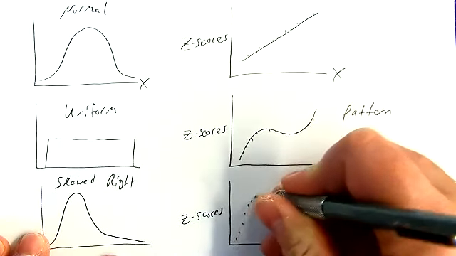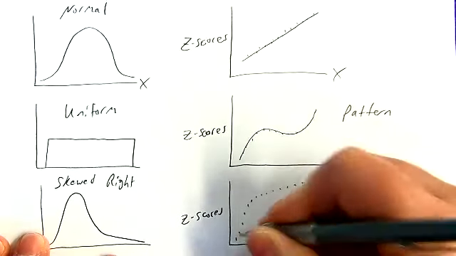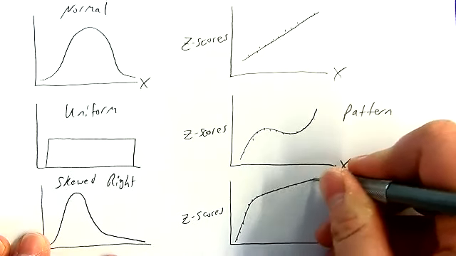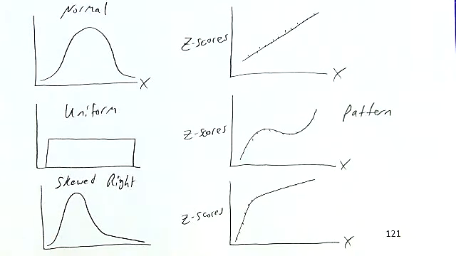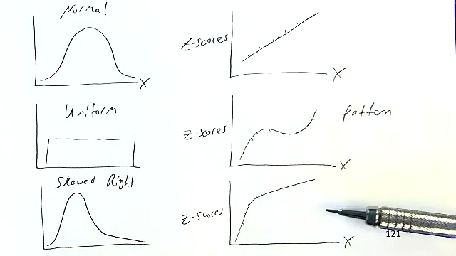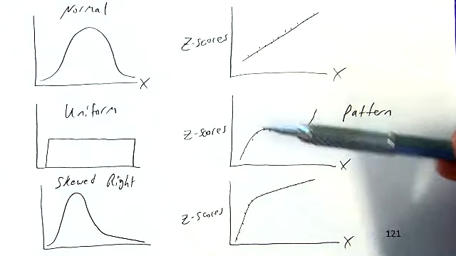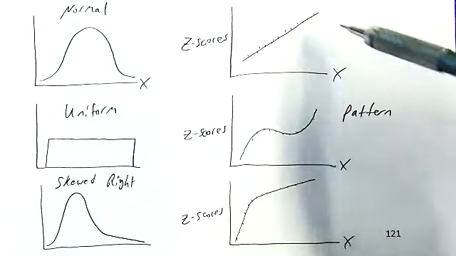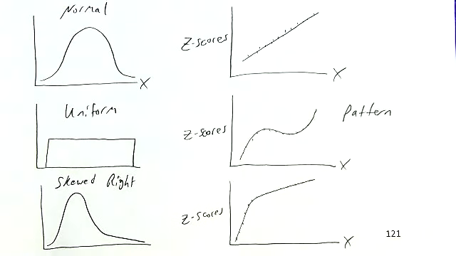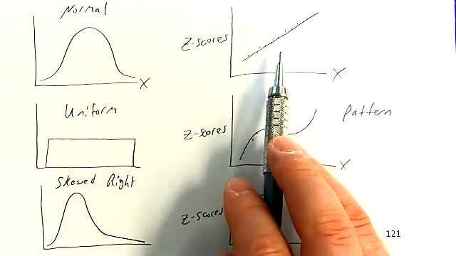It'll have this sharp jump and then it'll taper off. So these two, although they can tell us something, in this course we don't want to see these. We only want to see this one, the straight line pattern. Okay, so that's pretty much the theory: looking for straight line quantile plots.